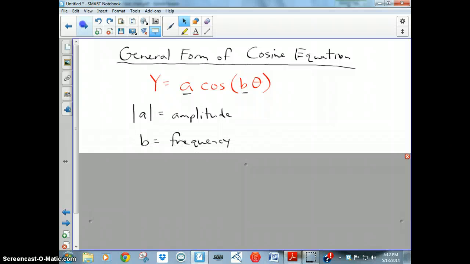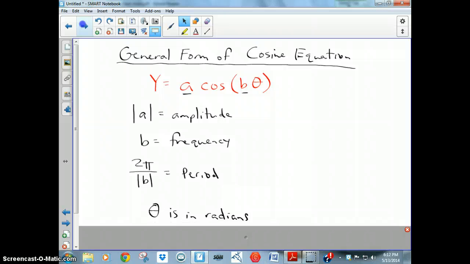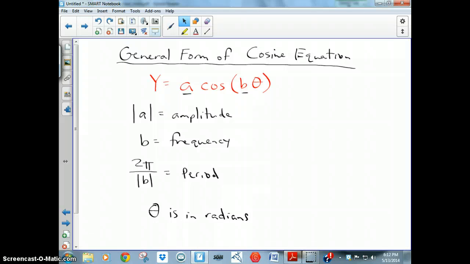The b value is the frequency. The period of the cosine function is 2 pi over the absolute value of b. And theta is in radians, just like what we did with the sine function. So again, copy that down.